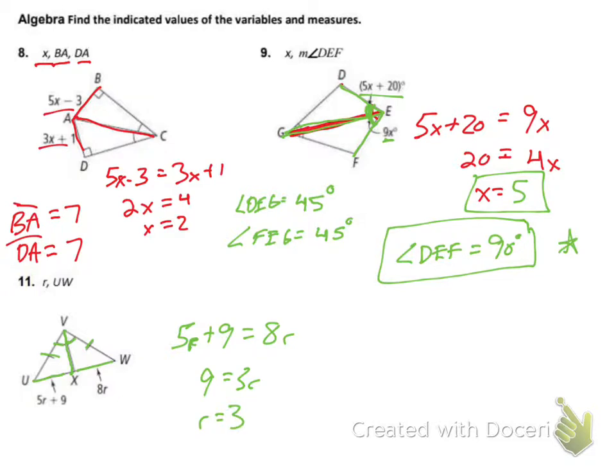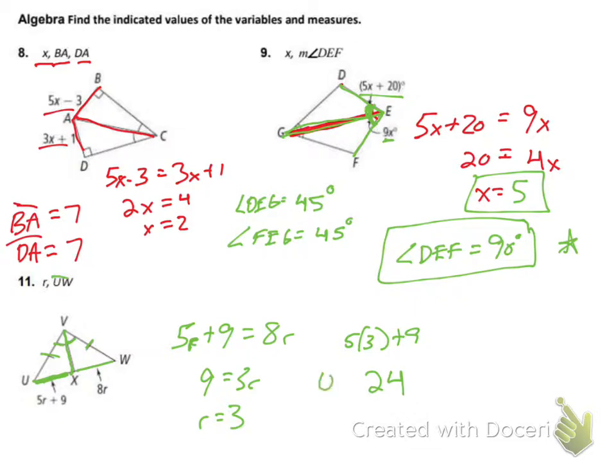And it wants me to find UW. So I need to find UW, so I just plug that in. So that'd be 5 times 3 plus 9. So it'd be 15 plus 9, so that would be 24. So it wants UW, so sorry, I just did UX right here.